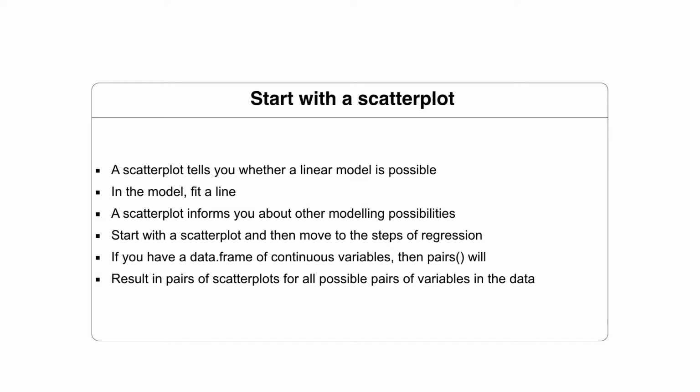So out of your data, create a separate data frame that only contains the continuous variables, and then use the function pairs with no parameter inside it to create pairs of scatter plots. This is going to result in scatter plots for all possible pairs of variables in the data.